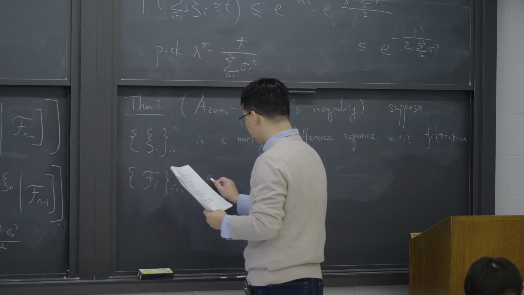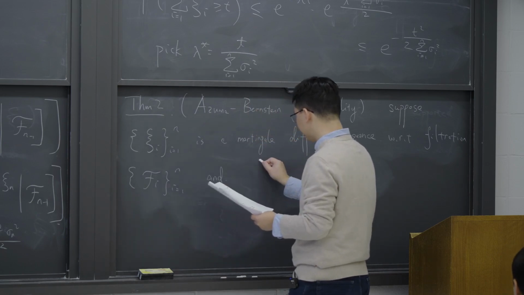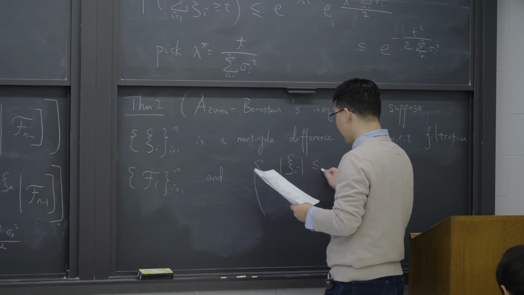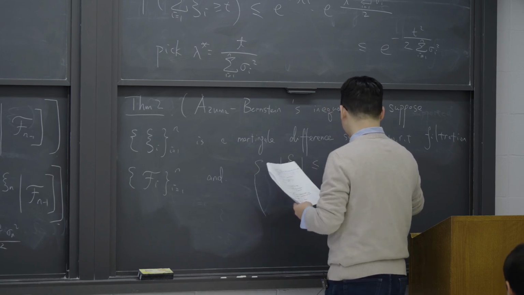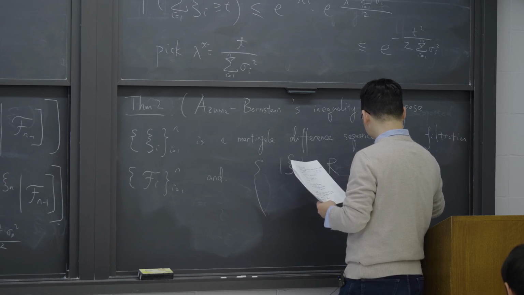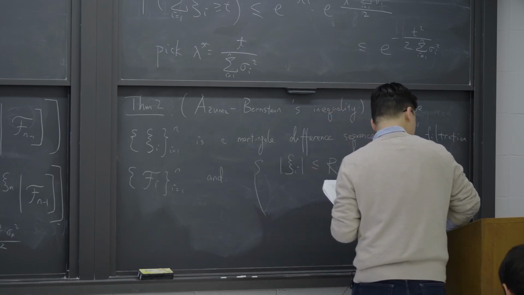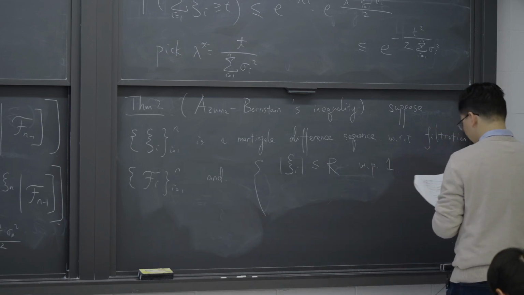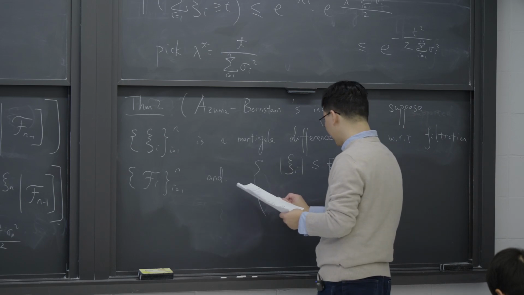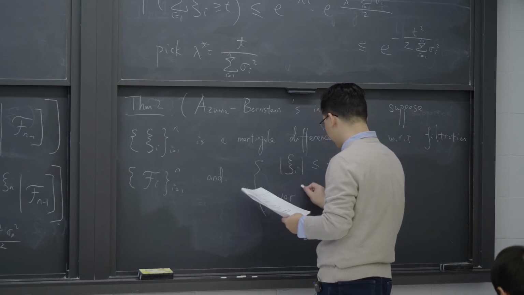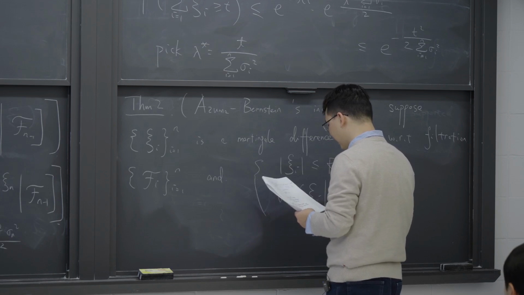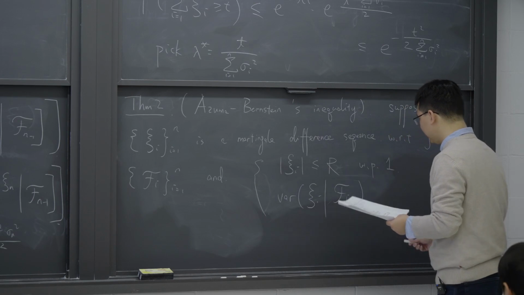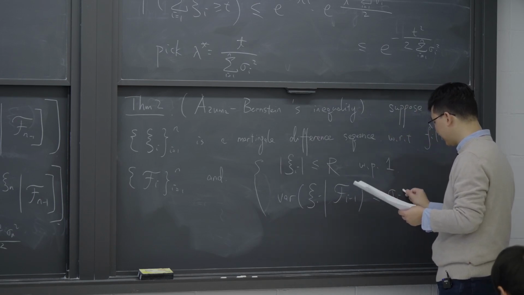And we have the following two conditions. For simplicity, say this Ci is always bounded by R with probability 1. And the variance, which I think is the important part about the Bernstein inequality, the variance of Ci conditioned on filtration i minus 1, is bounded by sigma i squared.